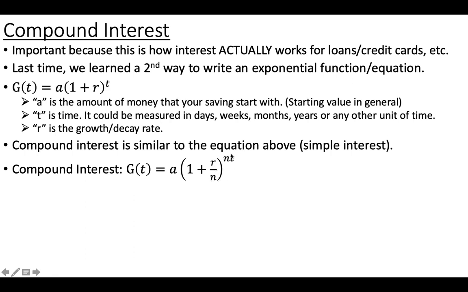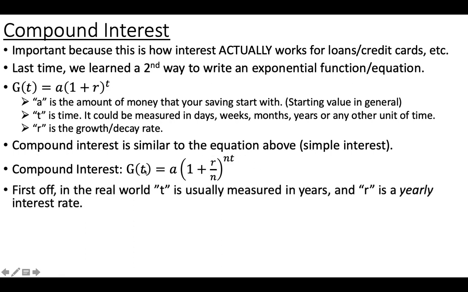We still have a T, but now we have not just a T by itself, now we have N times T. Okay, so all the letters that are in the first equation mean exactly the same thing in the second equation. A is still your starting value, or how much money you start your savings account with. R is still your growth rate. T still stands for time.